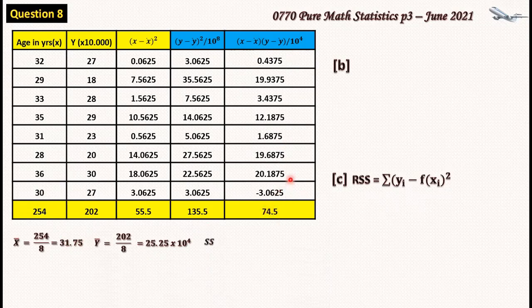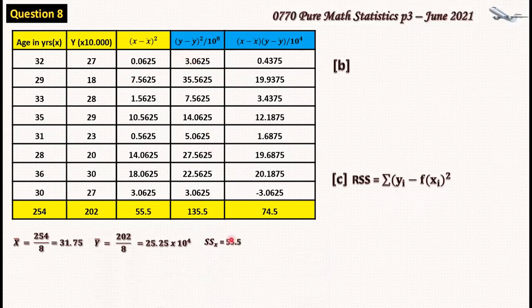We can now apply this in our formula. Before applying it, we have the following. The variance of x, that is SSX, is 55.5.